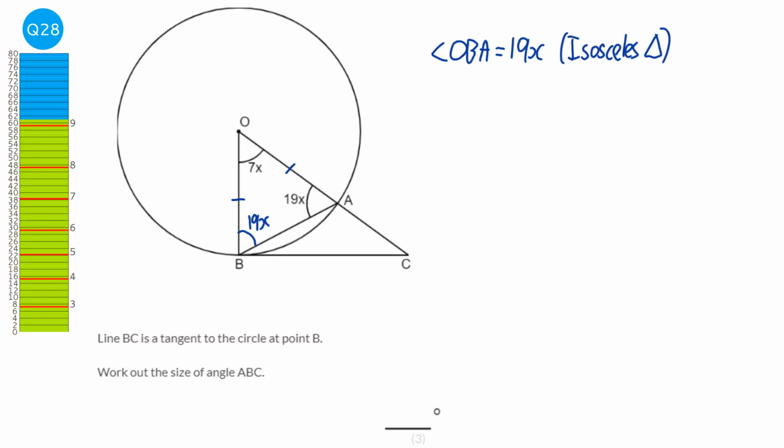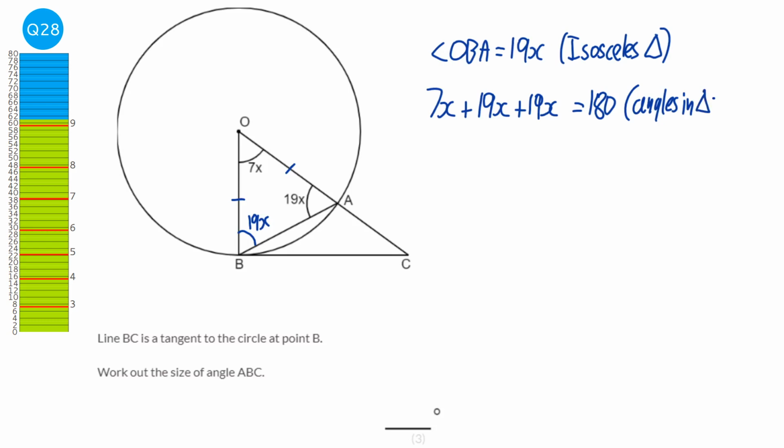Okay, so we know these two are equal. Well, we also can work out x because, as I said before, we have a triangle here. And all angles in a triangle add up to 180. So we've got 7x plus 19x plus 19x equals 180 degrees. And this is angles in a triangle.